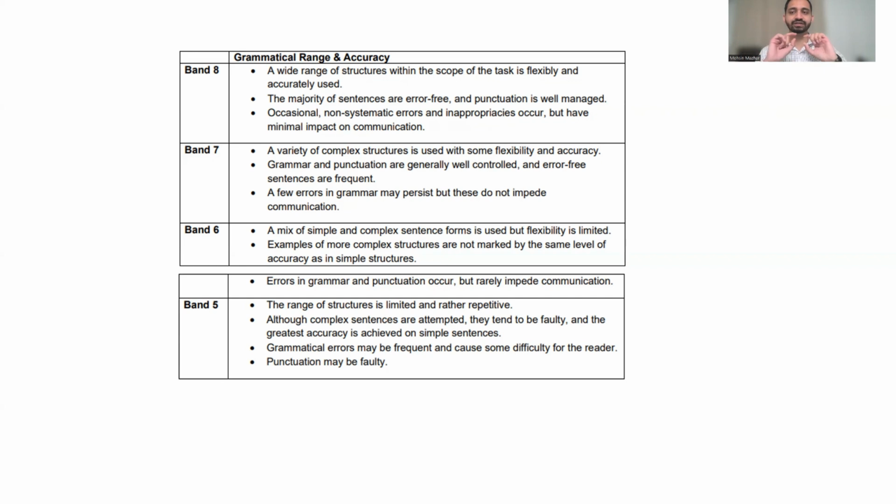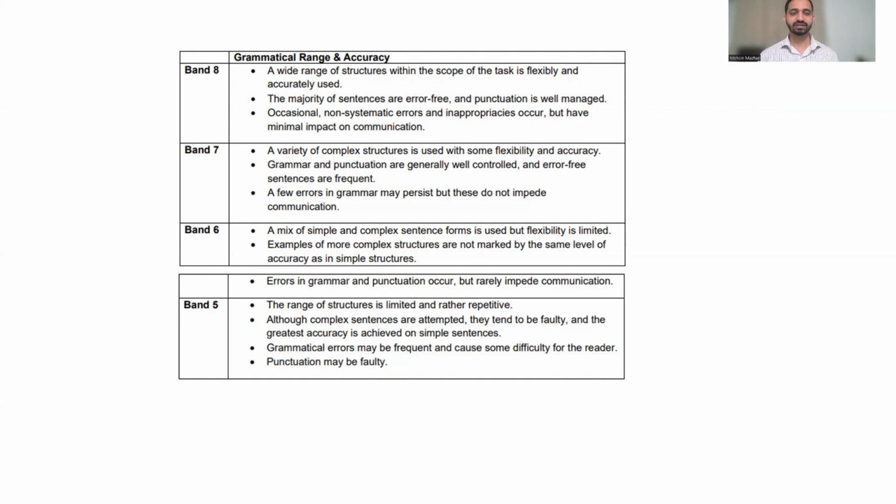So you're only achieving accuracy on the simple sentences. When you're writing complex sentences, you're making mistakes. Grammatical errors may be frequent and cause some difficulty for the reader, and punctuation may be faulty. Very important that you use the punctuation, and that's why we talked about in the relative clauses where to use a comma and where not to use a comma.